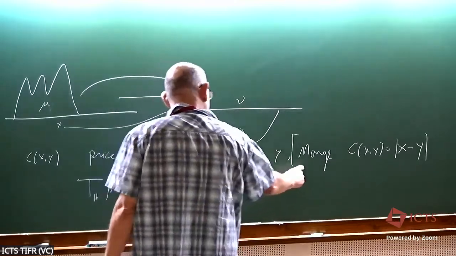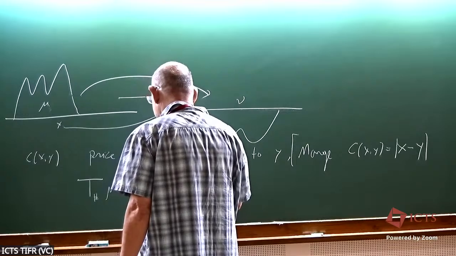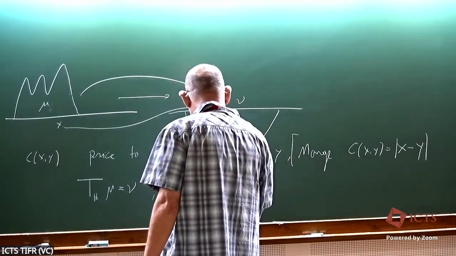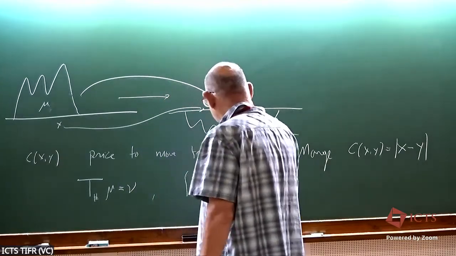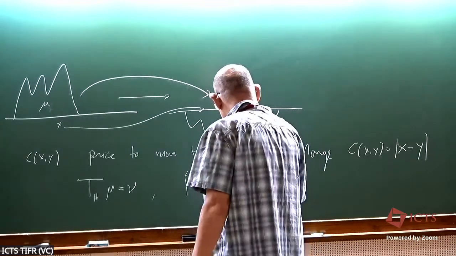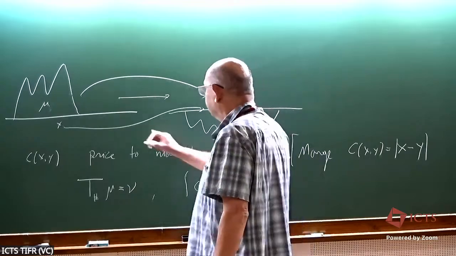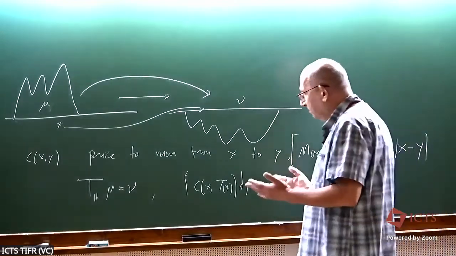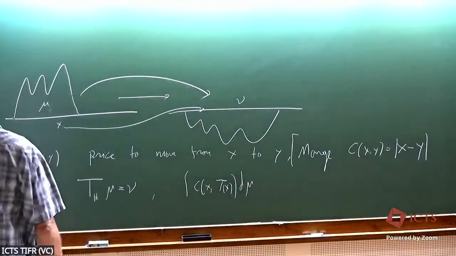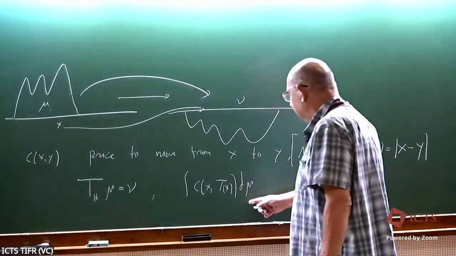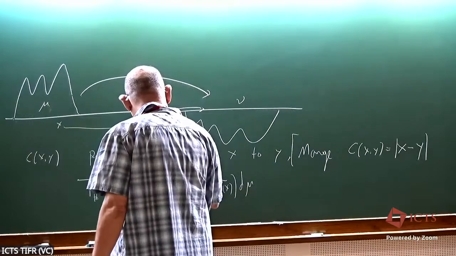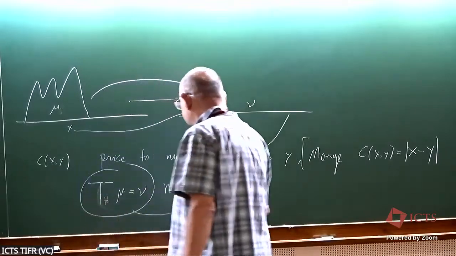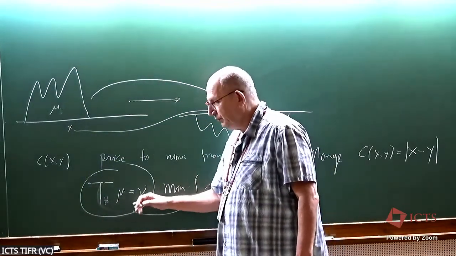So the cost is the integral of c(x, T(x)) over the distribution mu. Of course, Monge himself didn't know what a measure is, but this is modern terminology. So this is the cost, and we want to minimize it over all the mappings that satisfy this constraint, that push mu to nu.